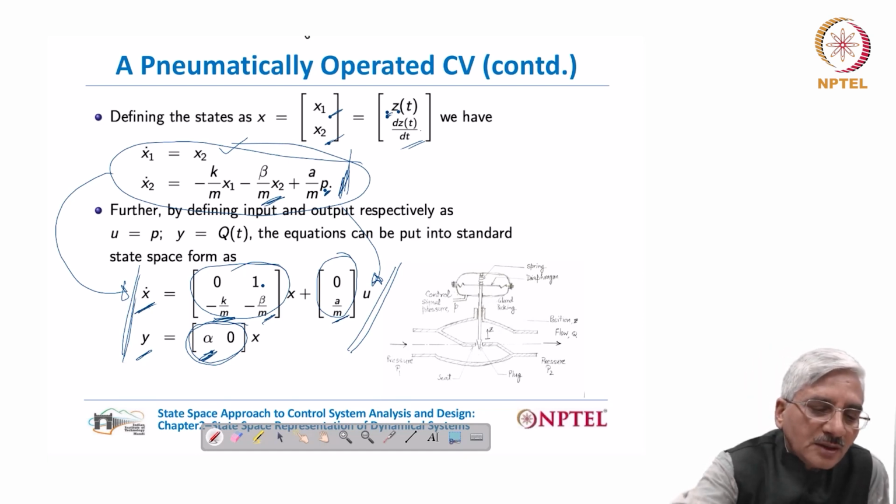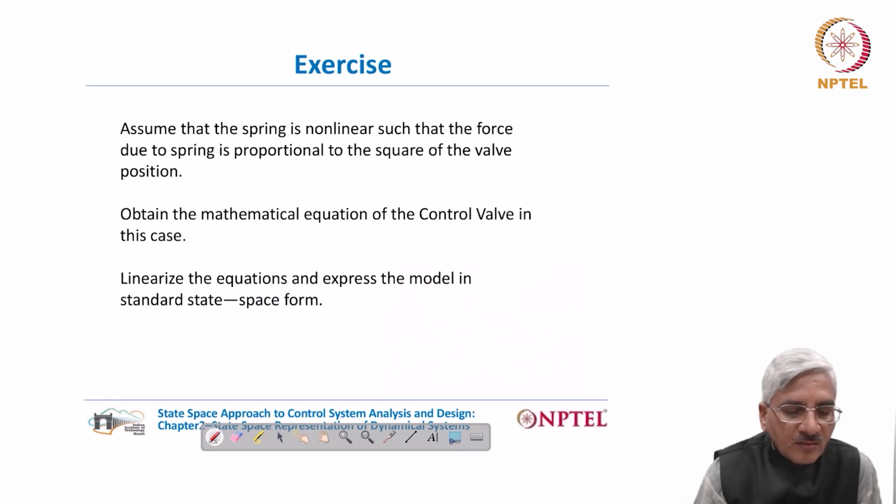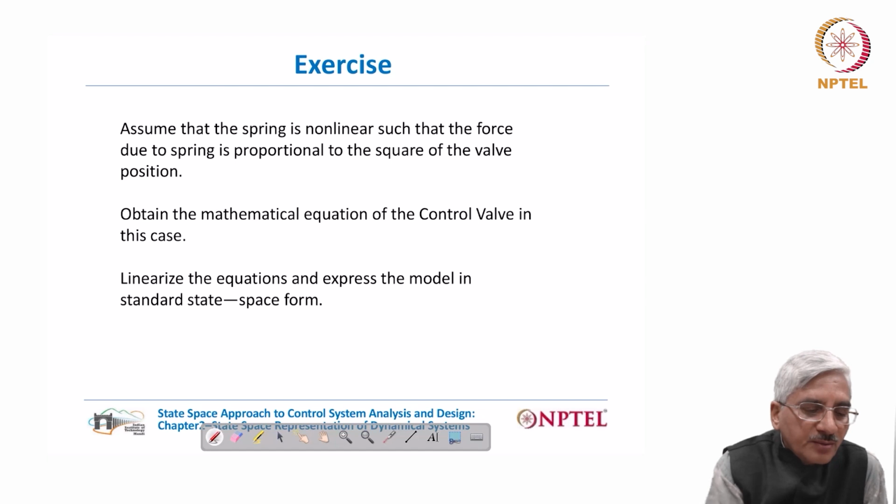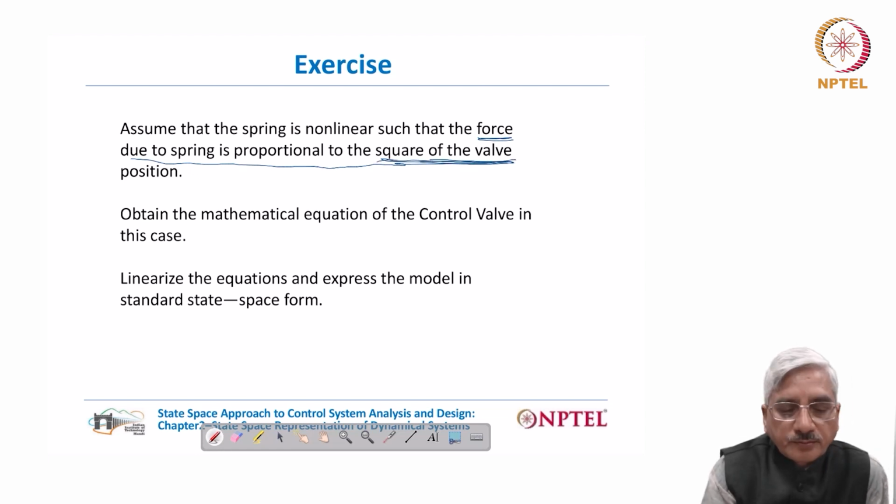We have one exercise for you. Everything being the same as we did in this one, however, we assume that the spring force is proportional to the square of the valve position. So instead of the spring force being kz with which we modeled, let us take the spring force as kz square.